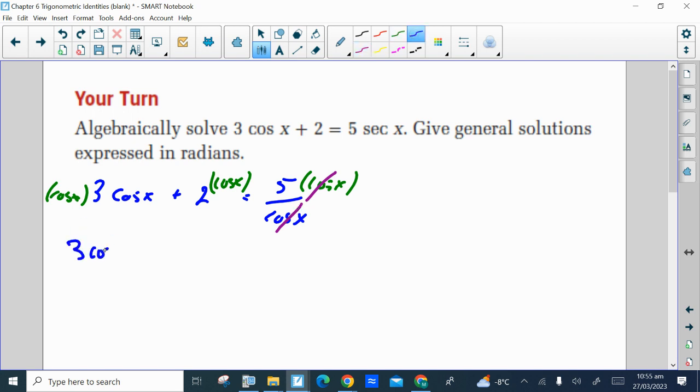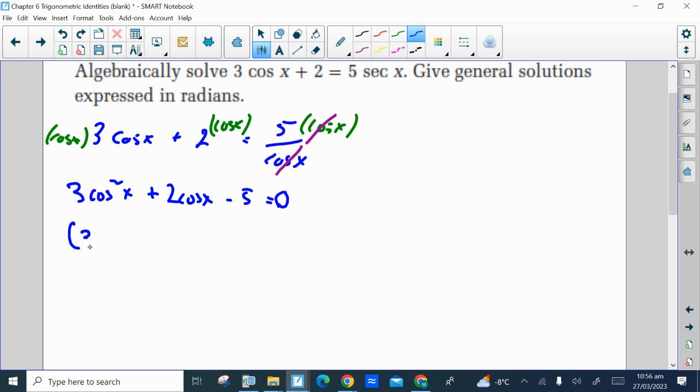And what we have left is 3 cos squared x plus 2 cos x minus 5 equals 0. And so that's what we need to factor.